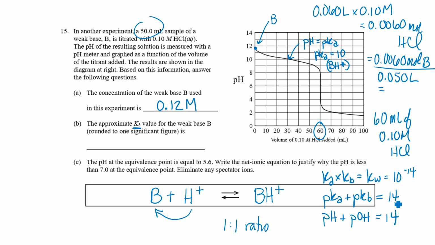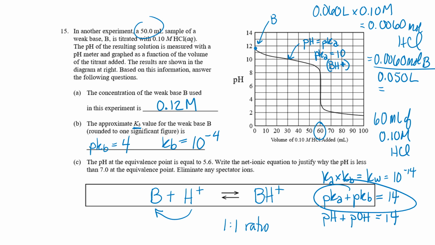It's a very similar relationship. So if the pKa of the acid is 10, that means the pKb of the base must be 4. So the Kb value is 10 to the negative 4. There's kind of an extra step here when you're trying to figure out the Kb.